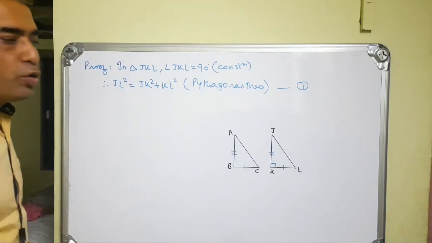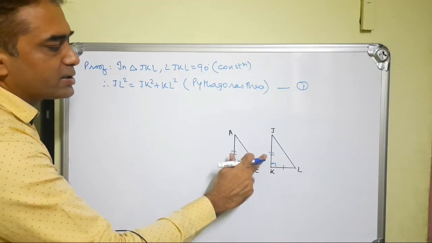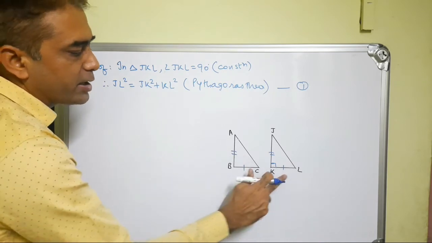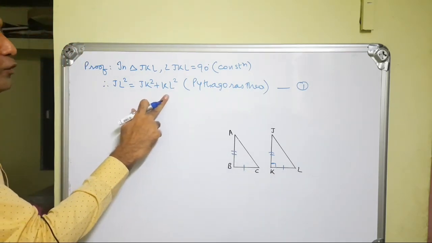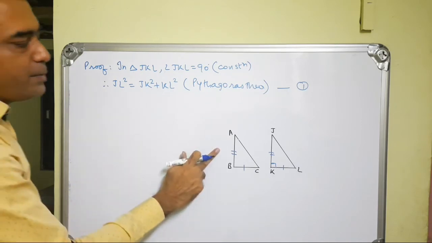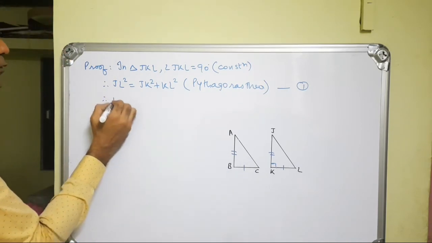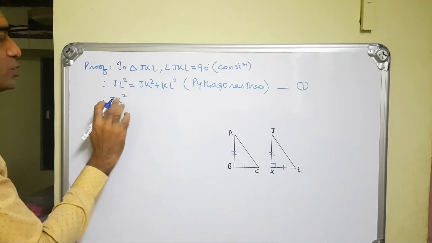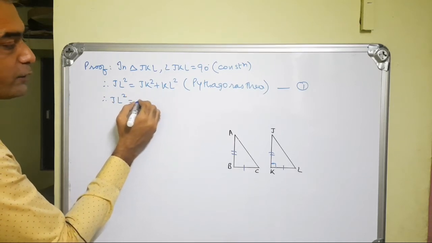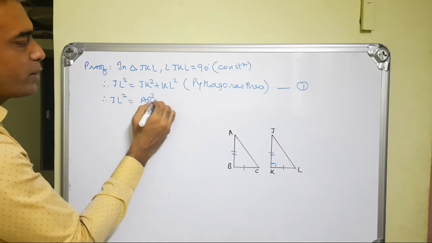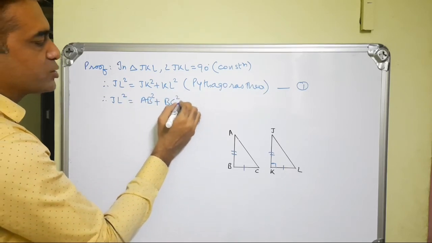Now we know that side JK is congruent to segment AB and KL is congruent to BC. So instead of JK and KL, we can write AB and BC. Therefore JL square equals AB square plus BC square.